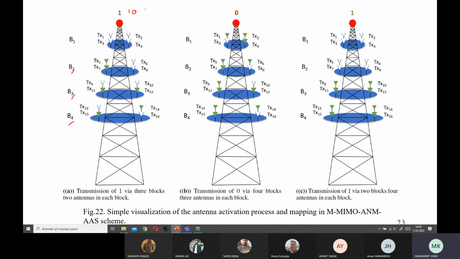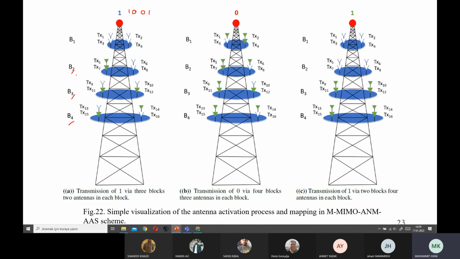And since we had 0, 1 in our antenna number modulation bits, we are activating 2 antennas in each active block, and we just saw which ones of them are providing the highest channel capabilities. So we are activating the T15, T14, T11, T12, and T5 and T7 in each of these B2, B3, and B4 blocks.